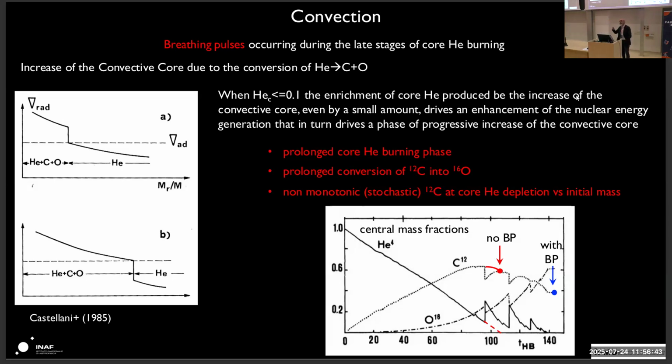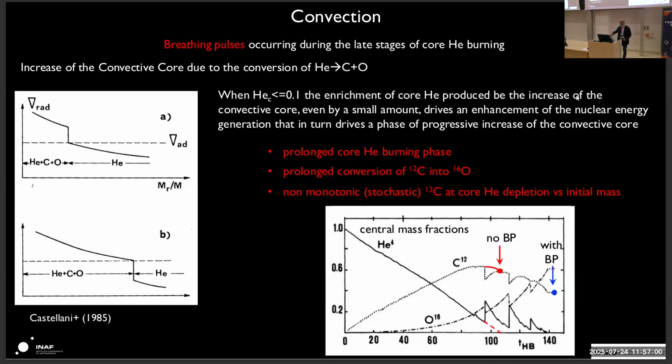So what is the consequence of this effect? Of course, a prolonged core helium burning phase, because you ingest more fuel in the core, so the star lives more in this phase. A prolonged conversion of carbon-12 into oxygen-16.